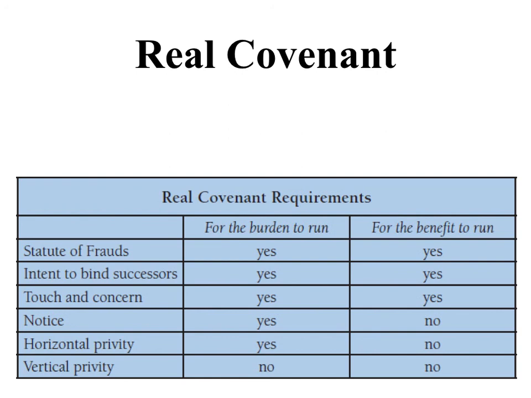Now, there's a split in authority on the point of what is sufficient for a finding of horizontal privity. Some jurisdictions are mutual interest jurisdictions. Mutual interest jurisdictions are where the original parties have a mutual simultaneous interest in the affected land.